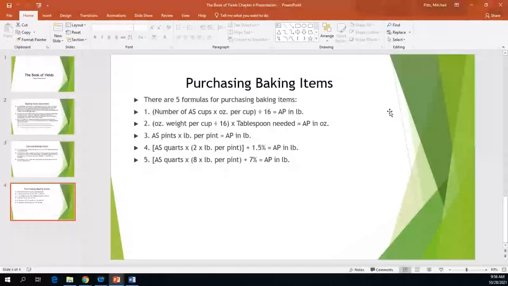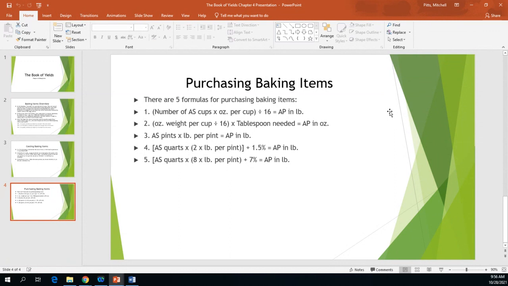There it is. Yeah. So these are the 5 formulas for purchasing baking items. Number 1, the number of as served cups multiplied by the ounces per cup divided by 16 will give you the as purchased in pounds.